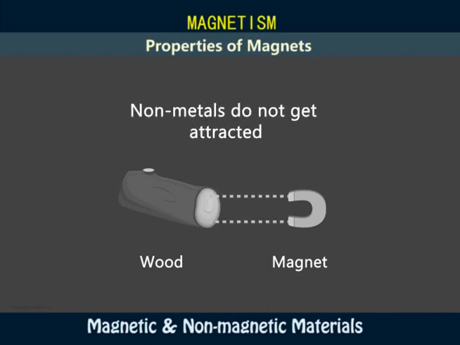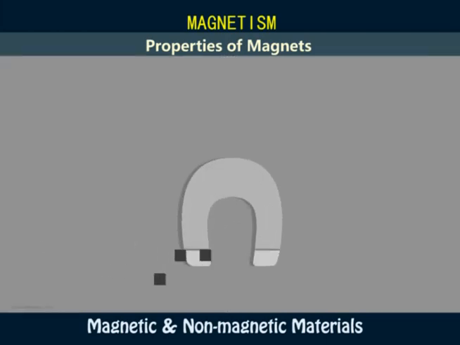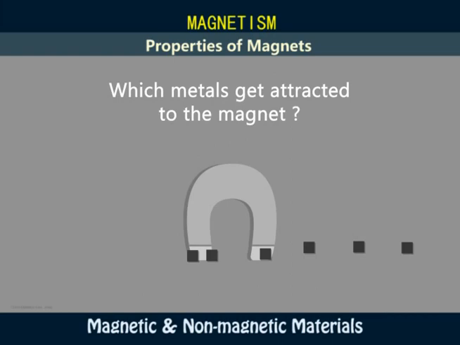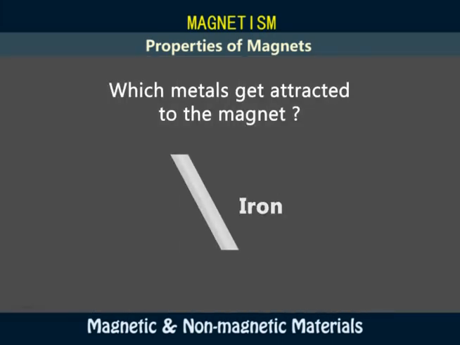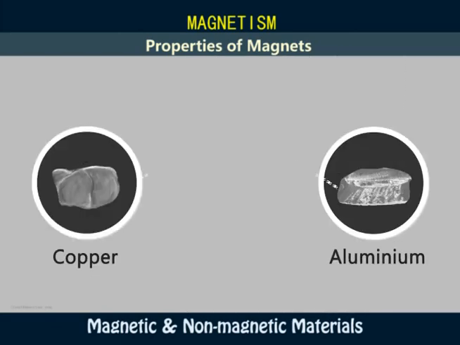If non-metals do not get attracted by a magnet, does that mean all metals do? No. Some metals get attracted while some don't. The most common metal that gets attracted by a magnet is iron. Apart from iron, nickel, cobalt, and steel also get attracted by a magnet. But if you bring a magnet close to copper or aluminium, they will not get attracted.